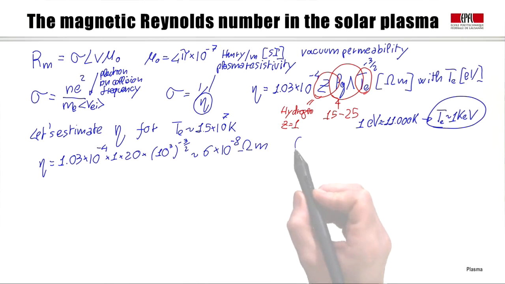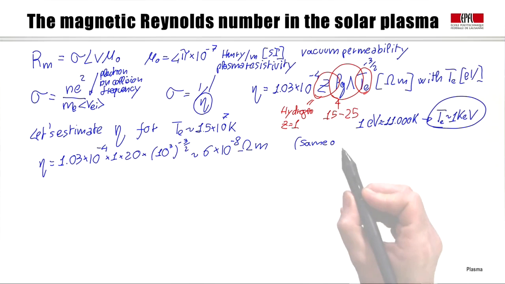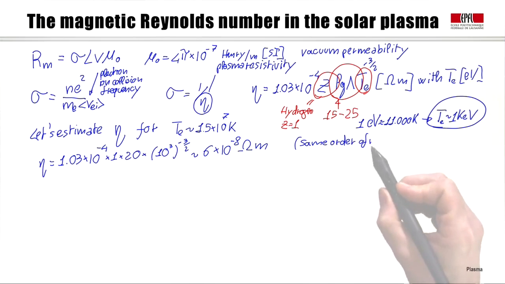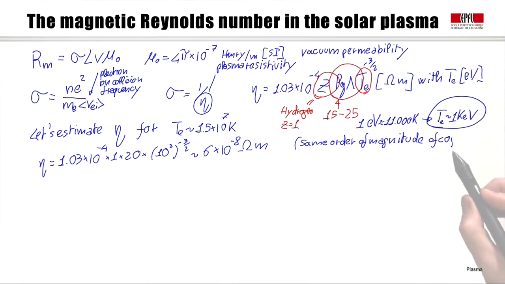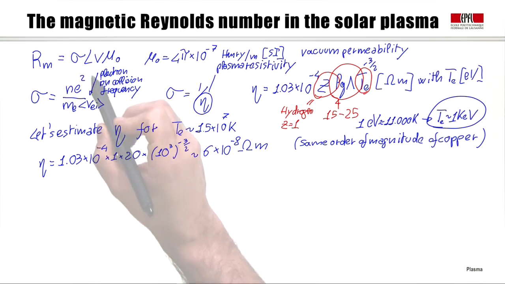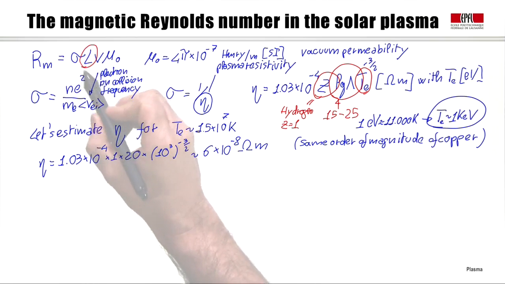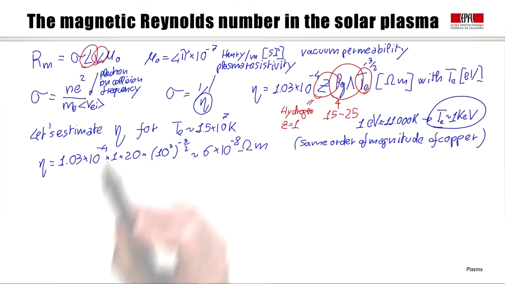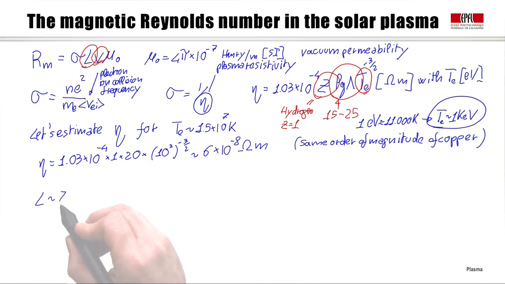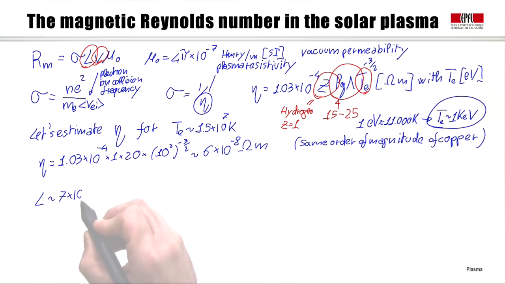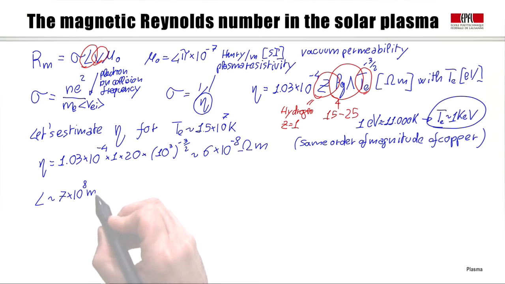We can observe that a hydrogen plasma at a temperature of approximately 1 kilo electron volt has about the same order of magnitude of resistivity as copper. Now, in order to compute the magnetic Reynolds number, we have to assume a typical scale length and a typical velocity. For the typical scale length, we can assume the radius of the Sun, 7 × 10^8 meters.